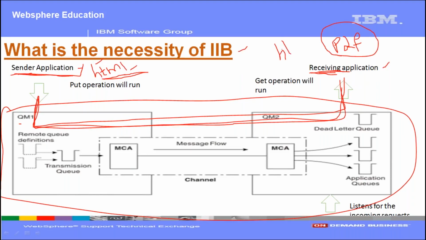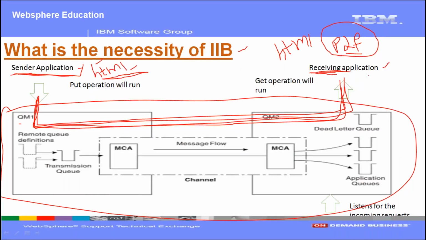Definitely not. Although MQ has successfully transported the message, it is of no use because the format conversion is not happening in MQ. The message conversion from one form to another is not happening.